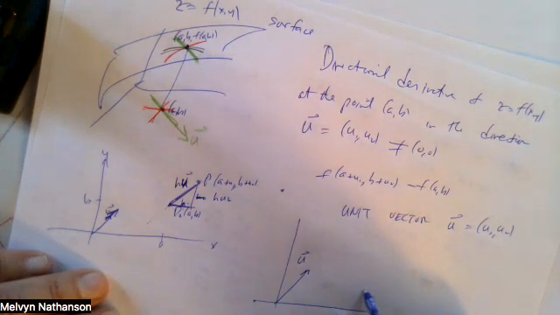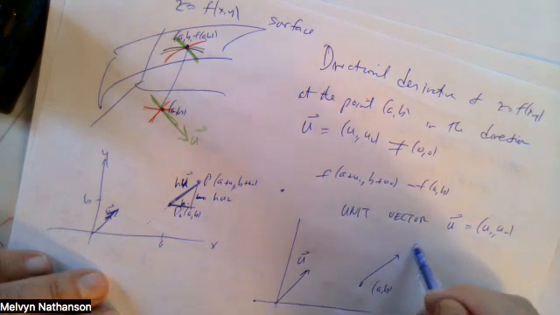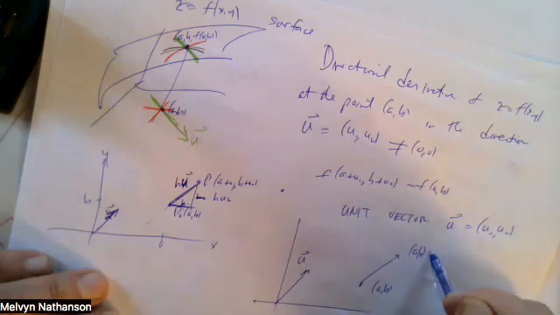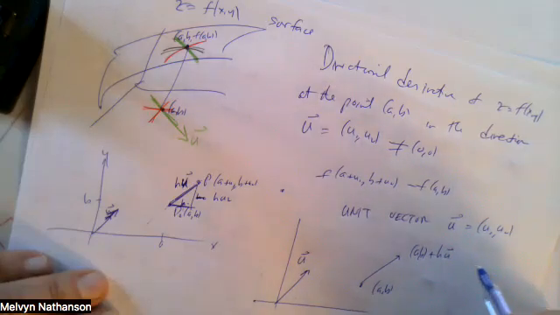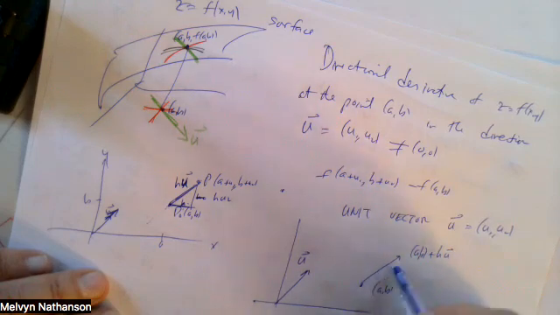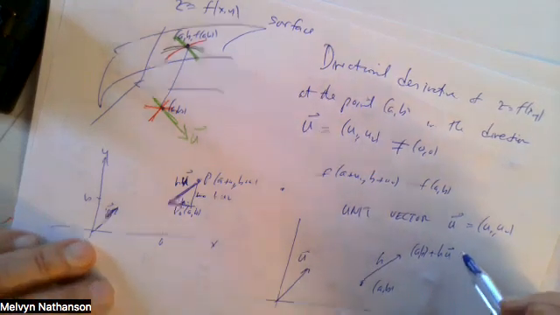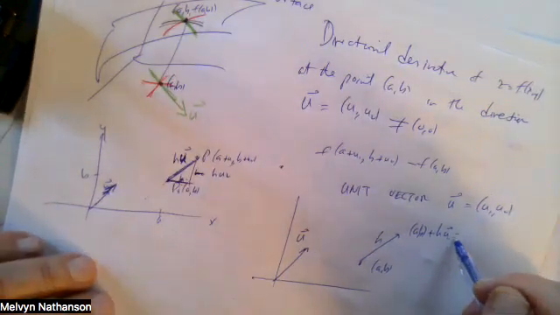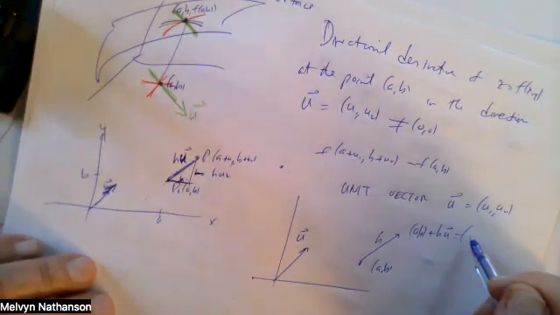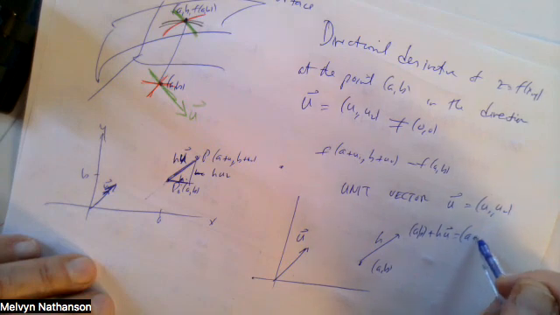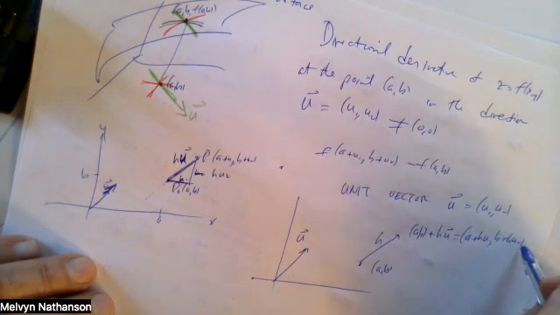And I take a point in the plane, A, B, and then I go to the point which is A, B plus h times this unit vector. So this distance is h, because the length of hu is h times the length of u, which is 1. And u is u1, u2. So this has coordinates a plus hu1, b plus hu2.